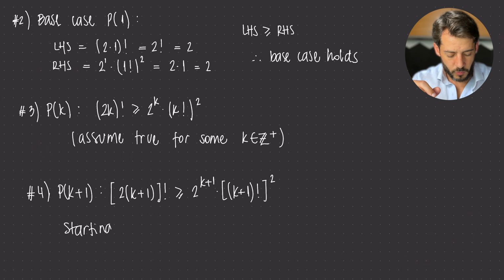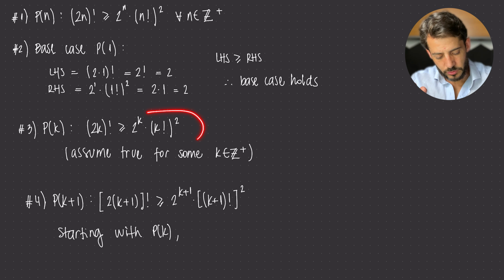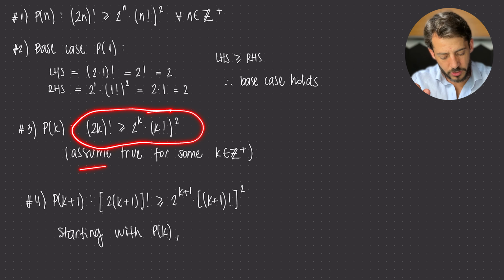Now this is the part where induction proofs with inequalities start to get a little bit tricky. But if you remember the following diagram, you're going to be fine. But before we get to the diagram, let me just state that in order to get to P of k plus 1 in an induction proof which involves inequalities, what we need to do is start at what we're assuming to be true.